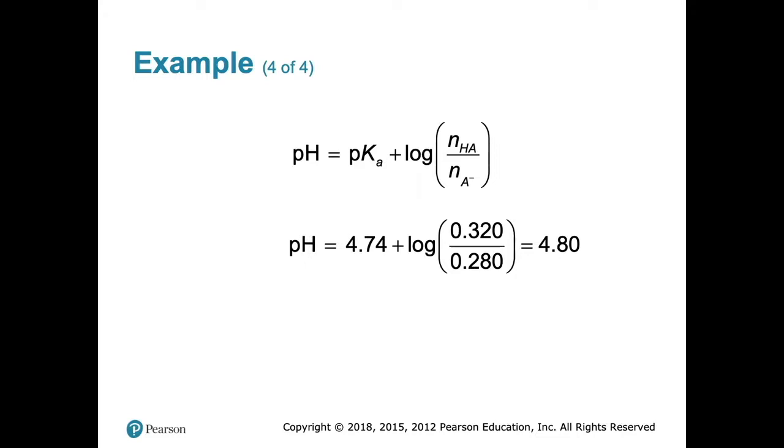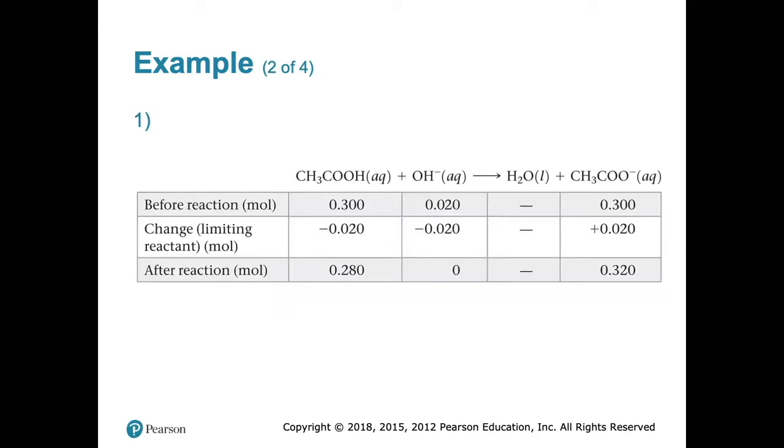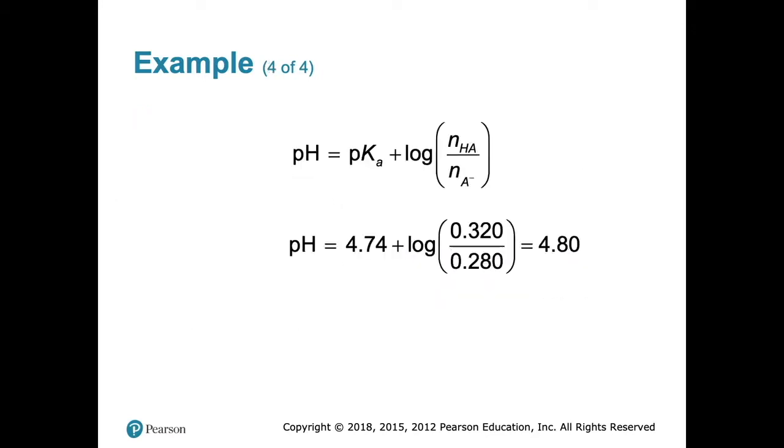Plug in the Ka for acetic acid there, take the negative log of that, you get 4.74, and then take the log of the 0.32 over the 0.28. Again, those numbers come from this ICE table. 0.28, 0.32, and you get a pH of 4.8 for the pH of that buffer that we just talked about.